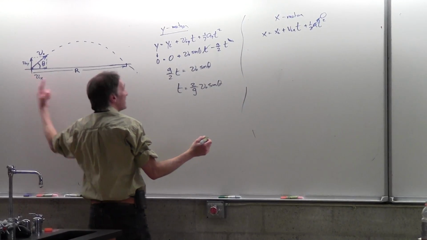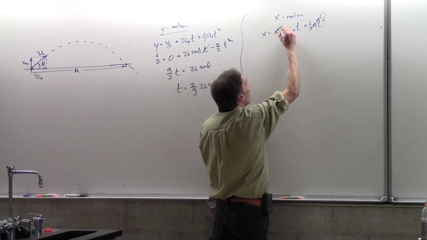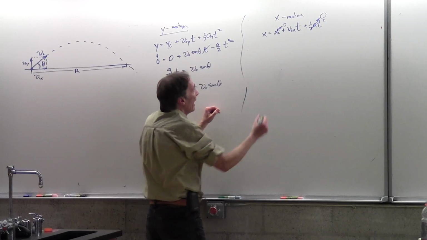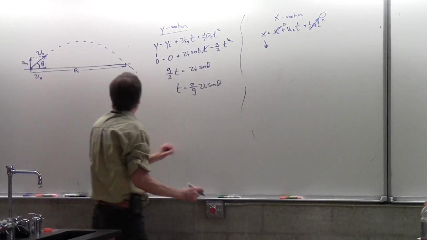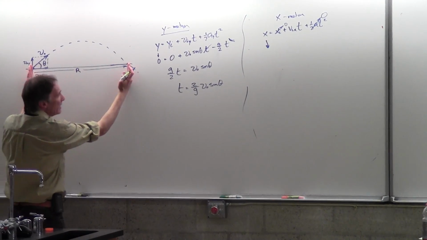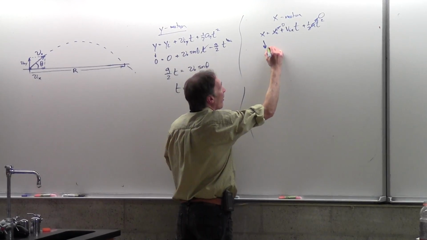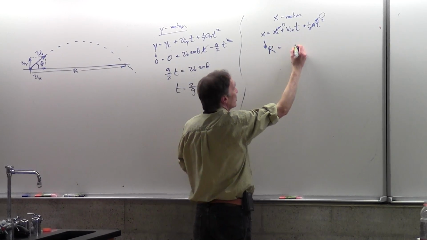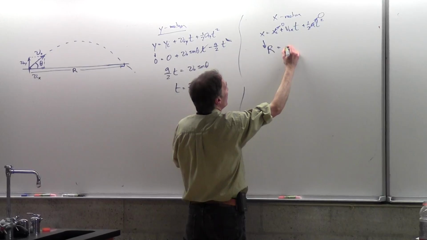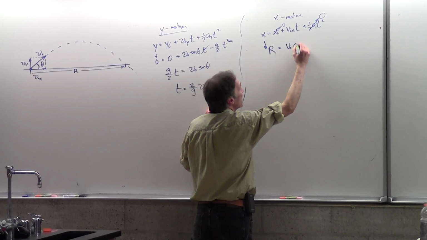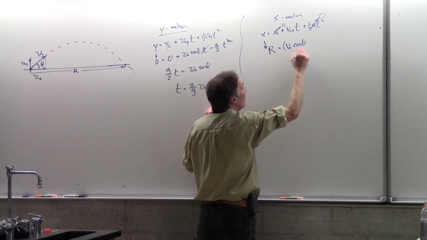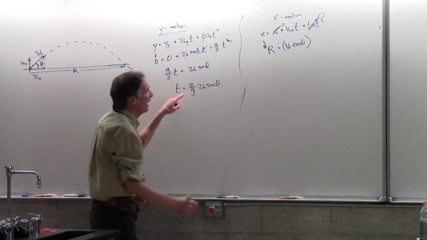I'm going to make x equal to 0 right where the thing took off, so that's 0. The x then would be what I'm going to be calling the range of my projectile, that's r. And that's going to be equal to your initial velocity in the x, which is going to be the initial velocity times the cosine of theta, all times the time.